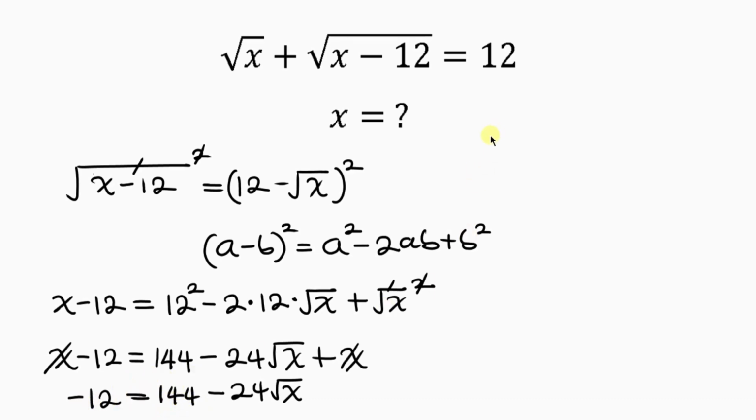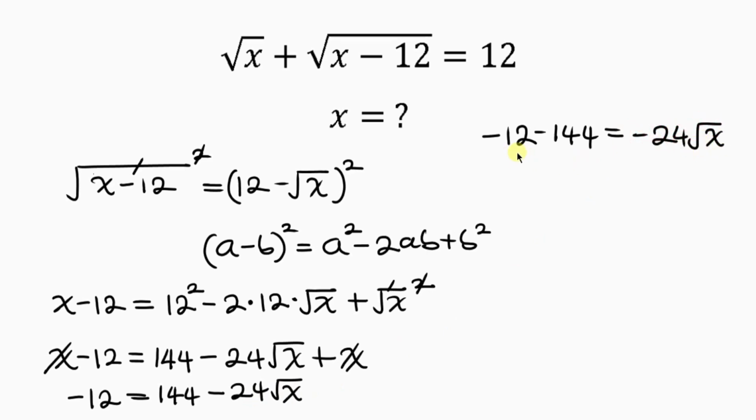So we have negative 12 on the left, and as 144 crosses to the left, it becomes negative 144. And this is equal to, now we have negative 24 root x remaining on the right-hand side.